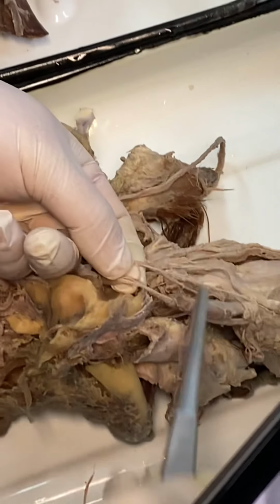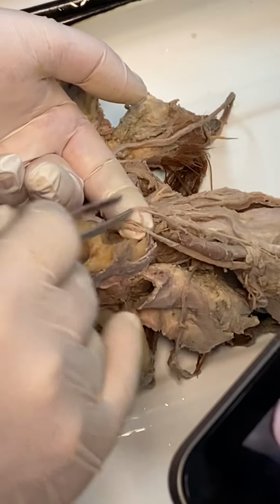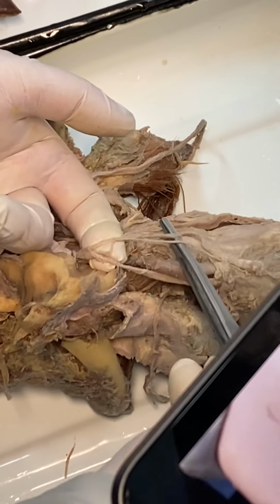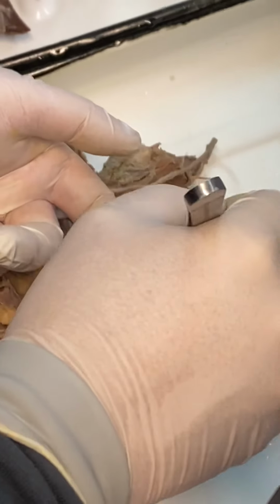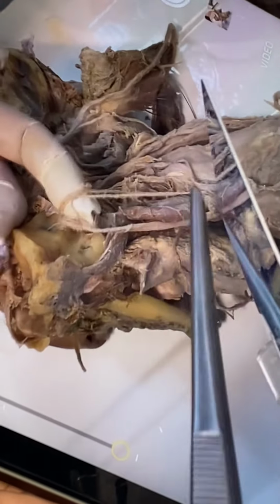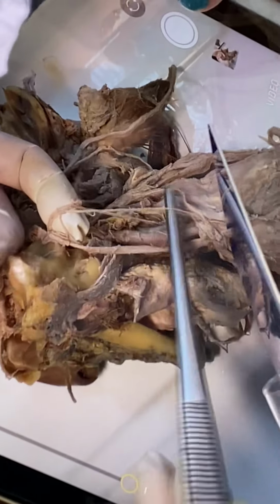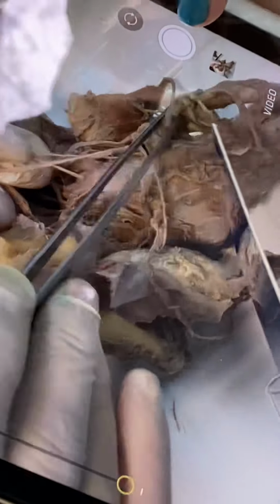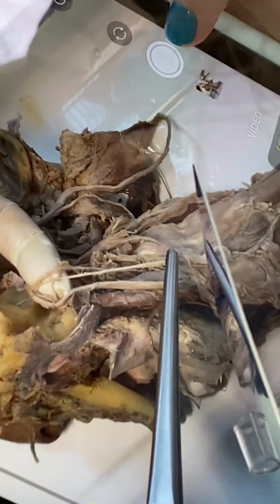Almost immediately the superior laryngeal splits into two. One goes to the larynx, namely to the vestibule of the larynx. This is the internal laryngeal, and here is the external laryngeal. Here you can see that it goes to the cricothyroid muscle.